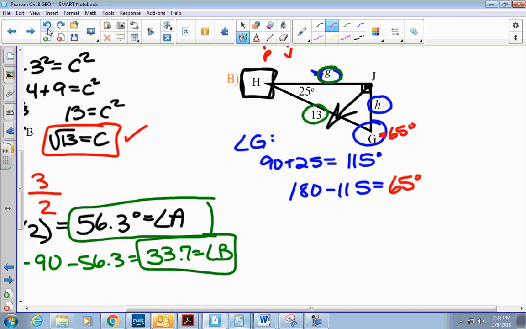So 13 is the hypotenuse. All right, Miss Jenna, baby G up there on the top. Is it the opposite or the adjacent to angle H? Does it run into angle H or is it across from angle H? It's adjacent.